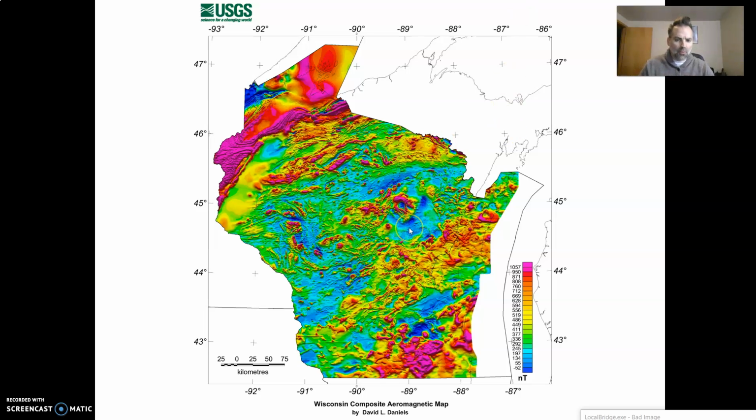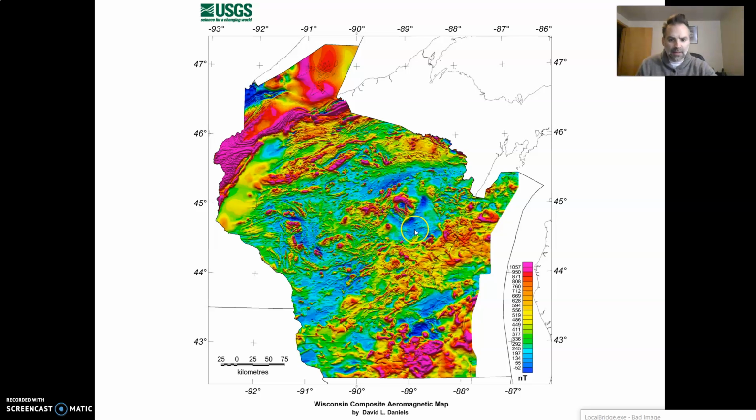Also in Wisconsin, we had an ocean basin, so we had a lot of limestones and dolomites, and then we had this continental arc collision that formed the Penokean mountain belt, and so there are a lot of different amalgamated terranes, you could say, through time here.